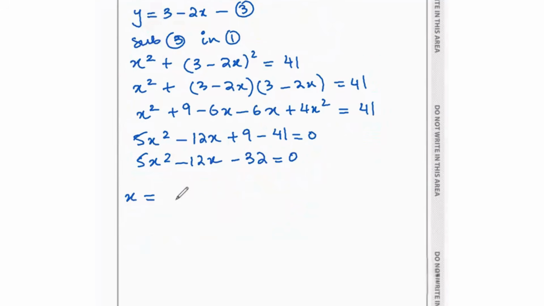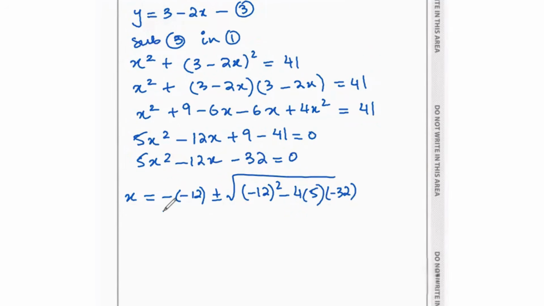x equals minus negative 12 plus minus root of negative 12 squared minus 4 times 5 times negative 32, divided by 2 times 5. That gives us 12 plus minus 28 over 12.